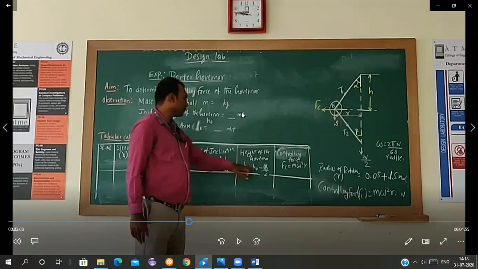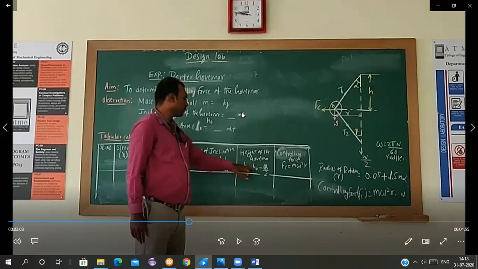As we do not have the actual measurements, you can take it as 15 centimeters, that is 0.15 meters. So the initial height is 0.15 meters, denoted by h naught here.